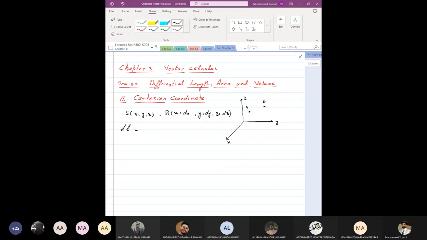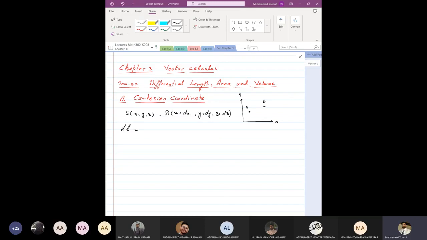And what will be the change in, like for example, I will come back to this one. Just to explain this, suppose we are in 2 dimensions. So this is x-axis, this is y-axis.